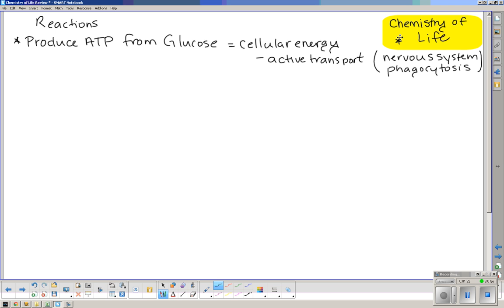Cellular respiration occurs in the presence of oxygen. Oxygen is necessary for cellular respiration to go to completion. This is because in the presence of oxygen, what happens is an oxidation of electron carriers.